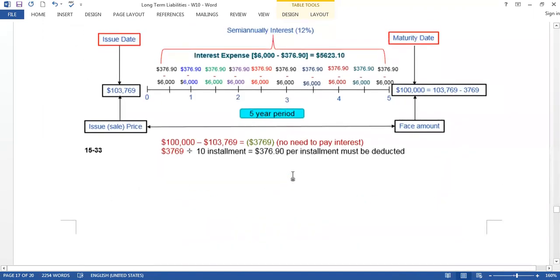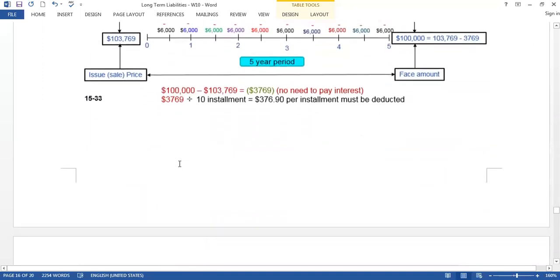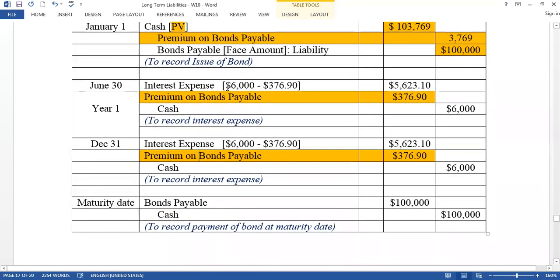Now, our good news is that our interest expense is $6,000. Okay, and this money we no need to pay, right? So look at the interest expense. Interest expense $6,000 minus 376.90. So in the exam, you can make it full dollar amount like 377.